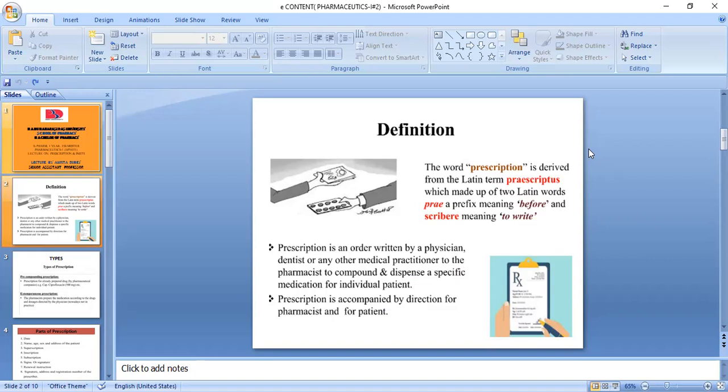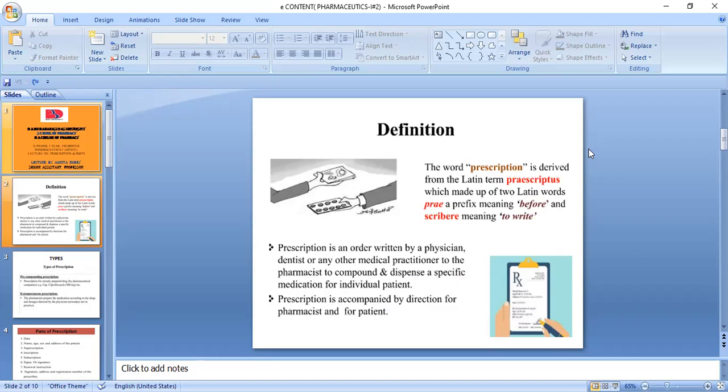After compounding, a pharmacist dispenses a dosage form according to its physical form, whether it is semi-solid, solid, or liquid. According to the physical parameters of any dosage form, pharmacists label and dispense the specific medication to the patient.